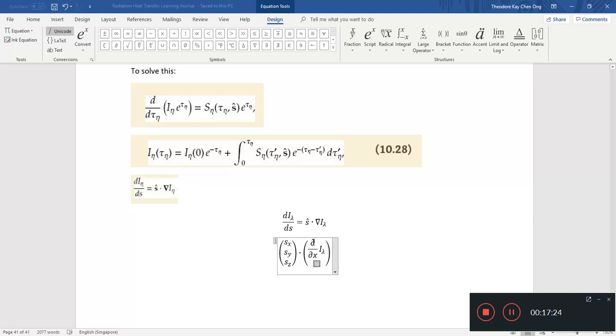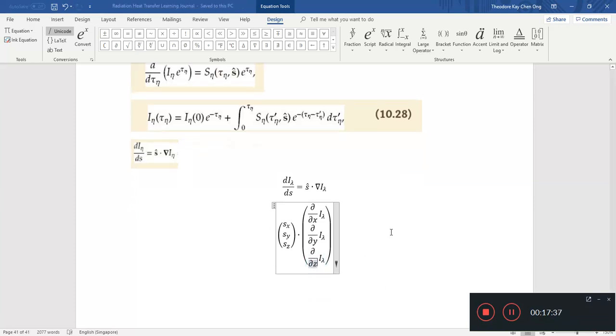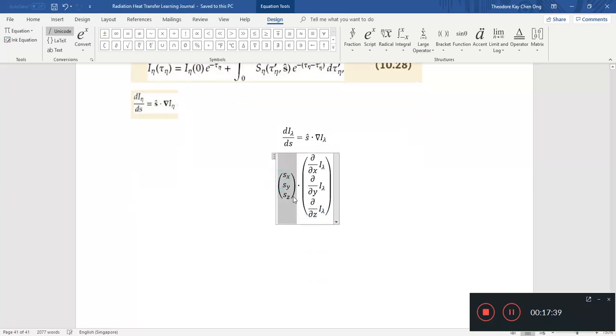Okay, so I'll use one more, press enter and I'll get this. Yeah, so you can see how we actually get this, basically through getting the components.